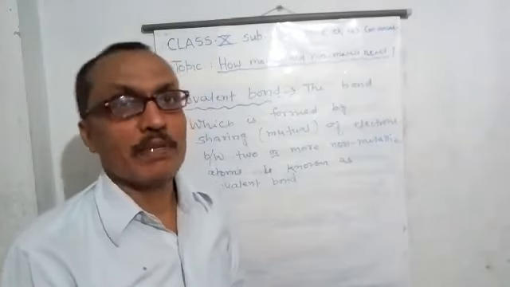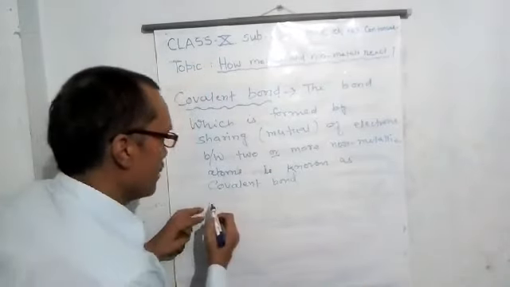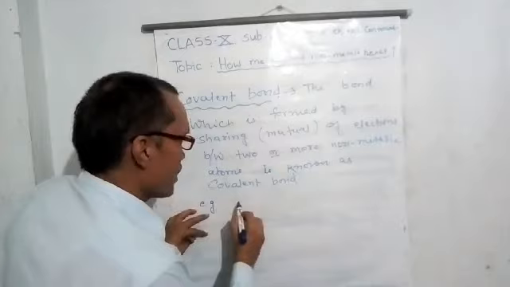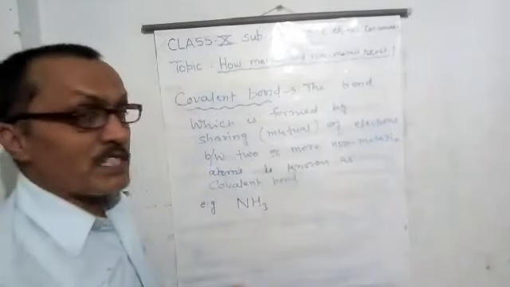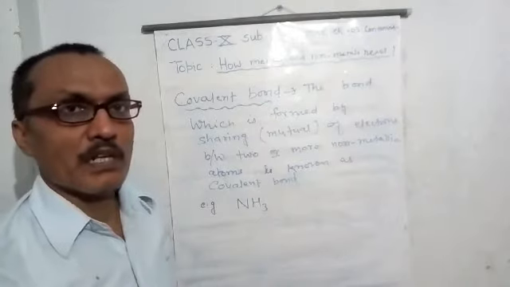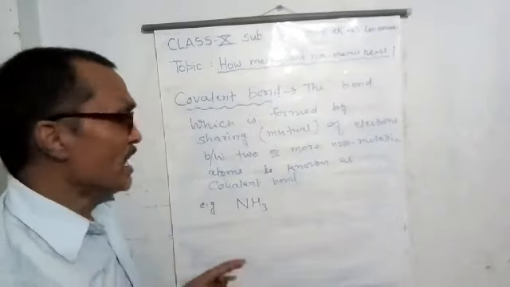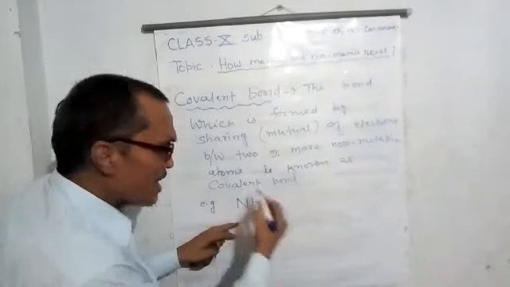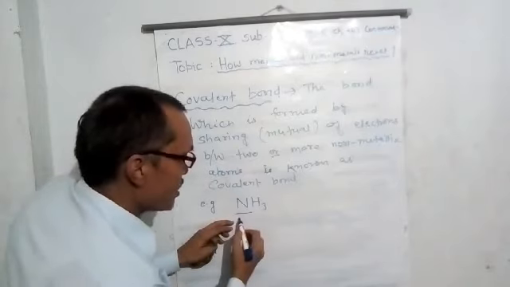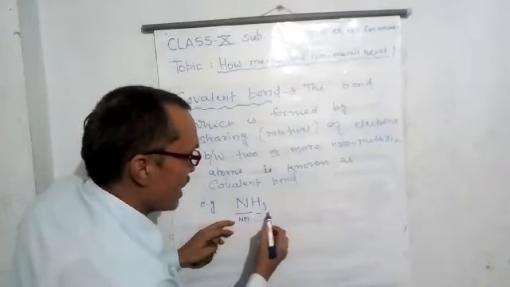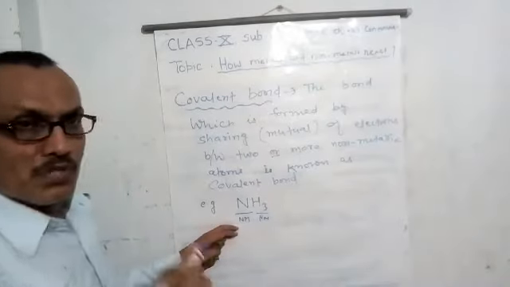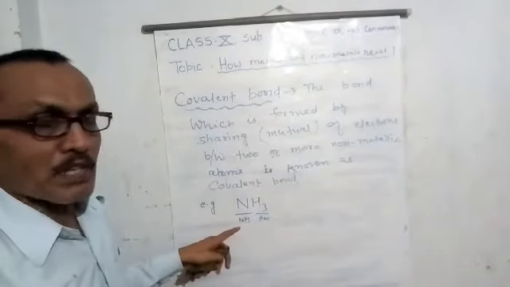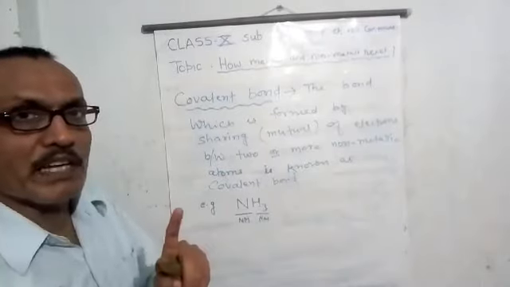For example, students, NH3, which is read as ammonia gas. In this compound, N is a nonmetal and H is also a nonmetal. So certainly in this compound the bond is covalent.